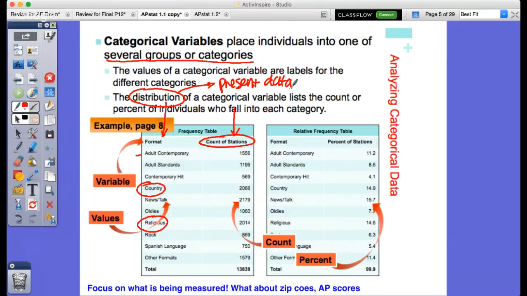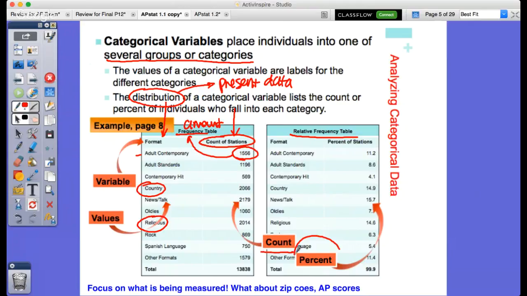But as you notice, we have this frequency table compared with a relative frequency table. Now, a frequency is the amount within each station. So we have 1,556 stations. That's related to a frequency, okay? That's the amount. Anytime I'm talking about an amount or count, that is a frequency.